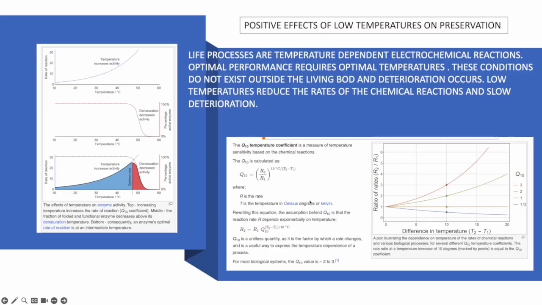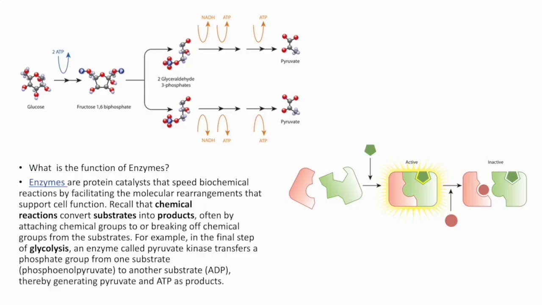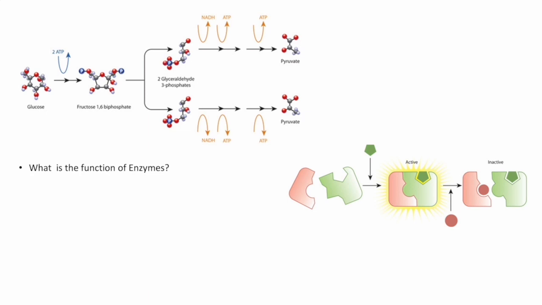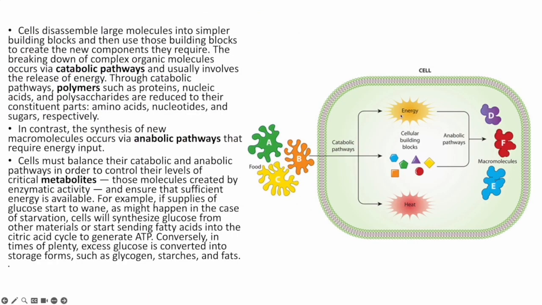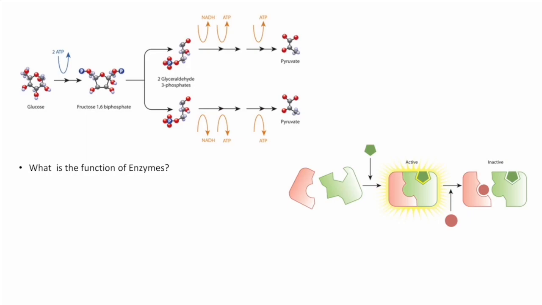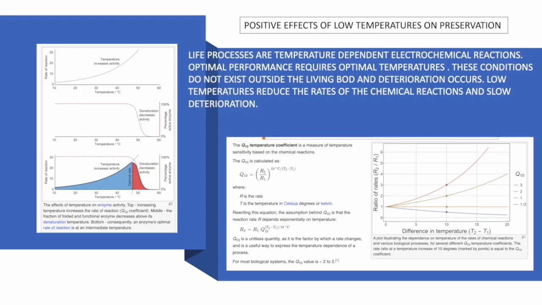So what is happening when you reduce the temperature? First of all, the entire process described here is known as metabolism. You probably have heard of metabolism. It's the entirety of chemical reactions that occur in cells, and metabolism is a function of temperature.